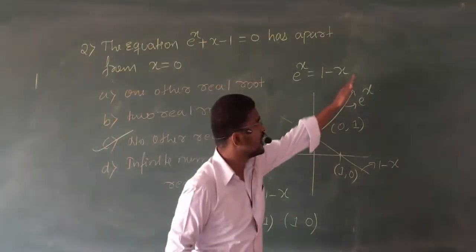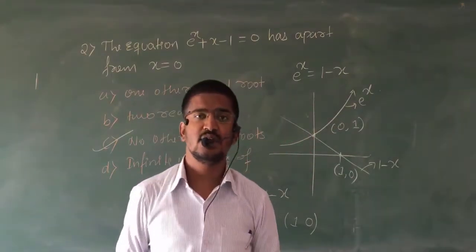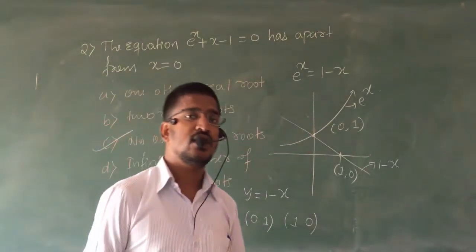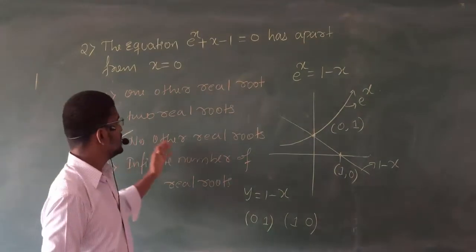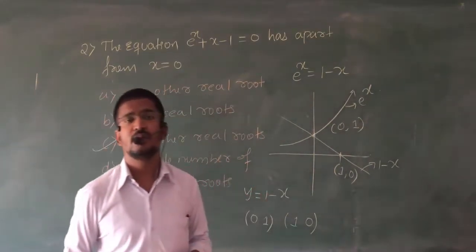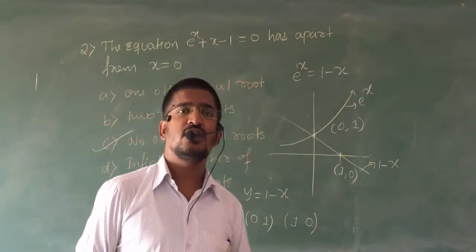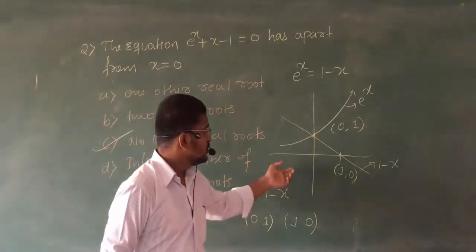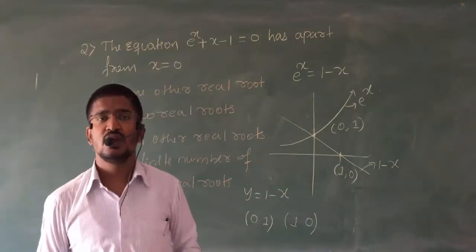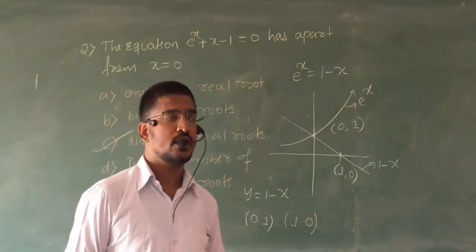This is e power x. So both the curves are intersecting at only one point, that is 0, 1. Hence your answer will be no other real roots. So practice this type of thing and remember it. Solution by graph will be very helpful in most of the chapters, especially in our calculus part and relations and functions chapters. Clear? Okay.